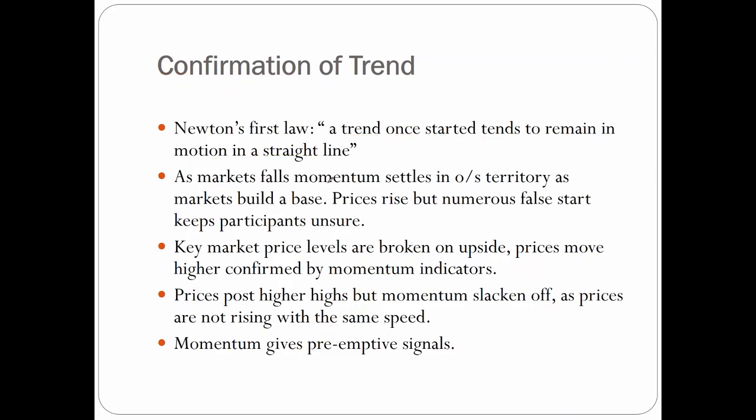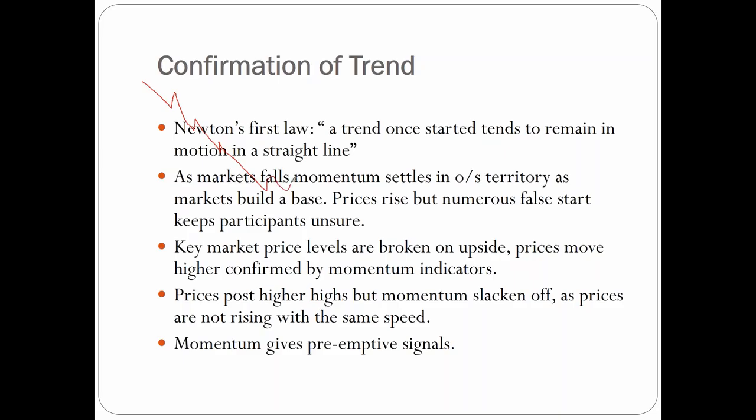The market falls and momentum settles into oversold territory as the market builds a base. Prices rise, but numerous falls start, keeping participants unsure. It means that once a downtrend has started, it remains in force for some time.